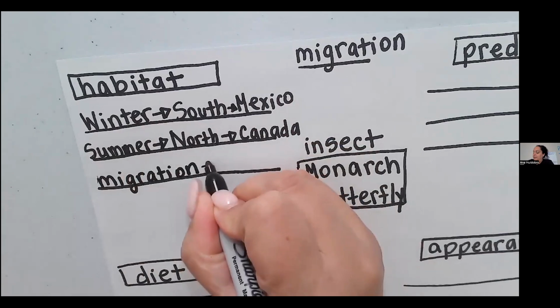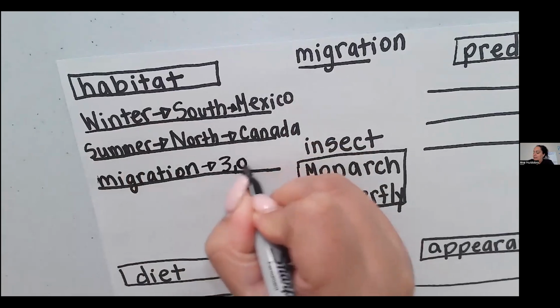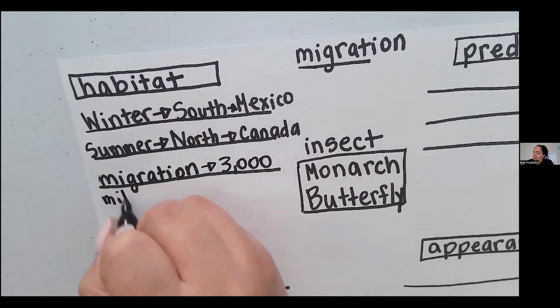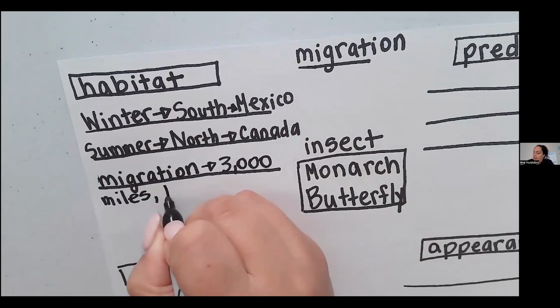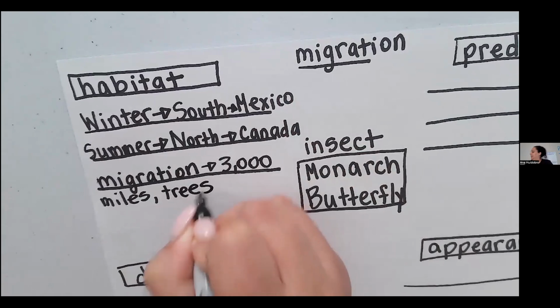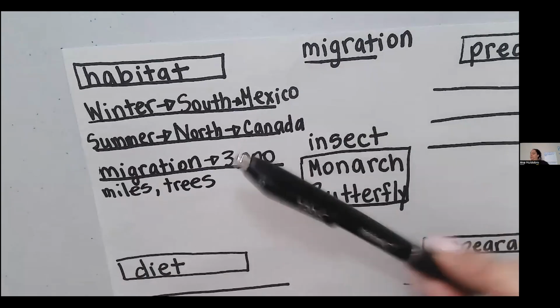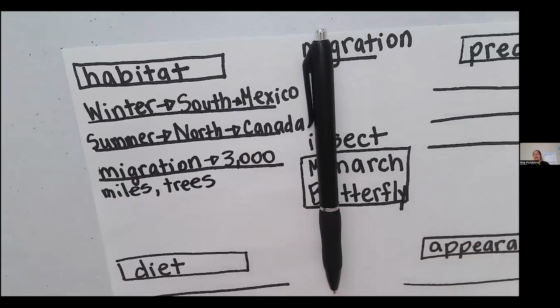So they live in those 3,000 miles that they travel. And they often land in trees and other areas as they're migrating. So I'm going to go ahead and pause right here. And while I pause, I'm going to look for a picture because I think I did see a picture in this book here of the tree.